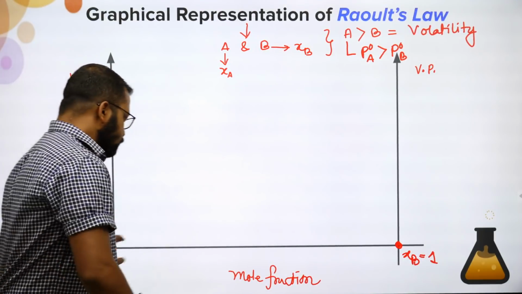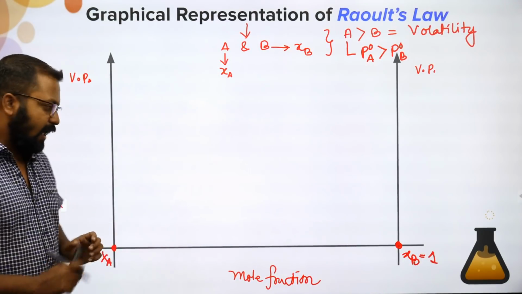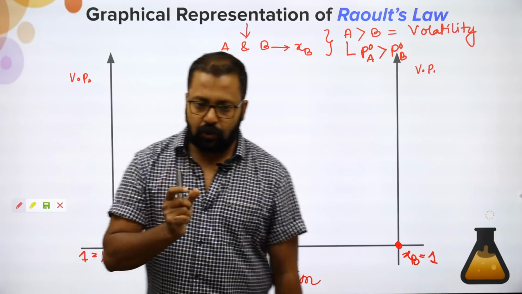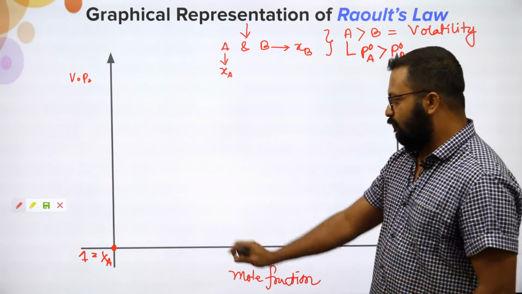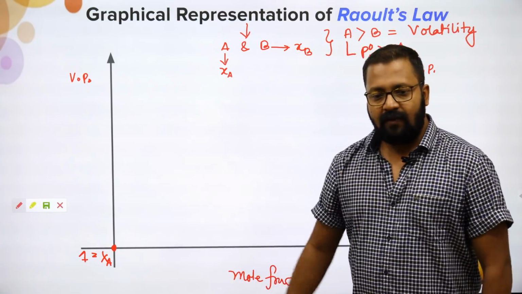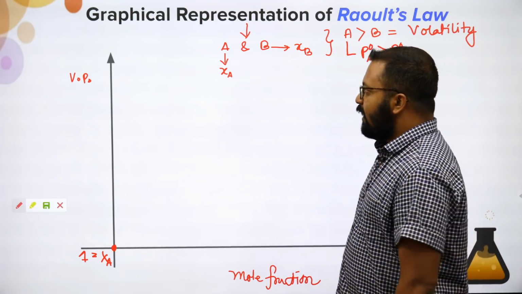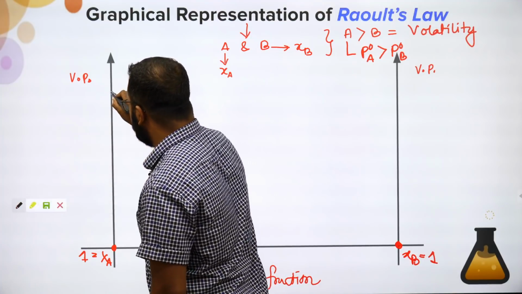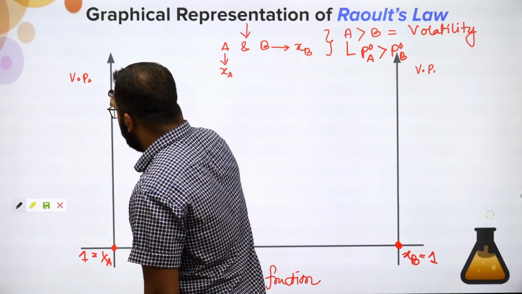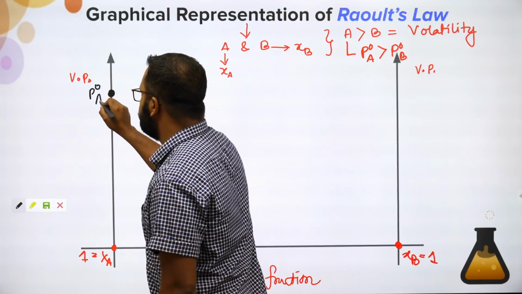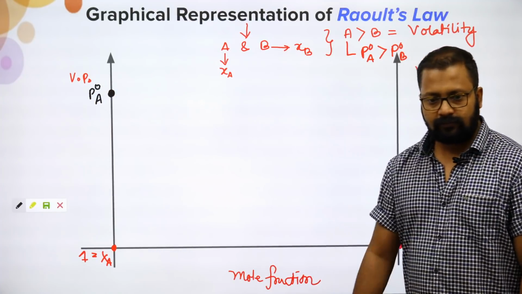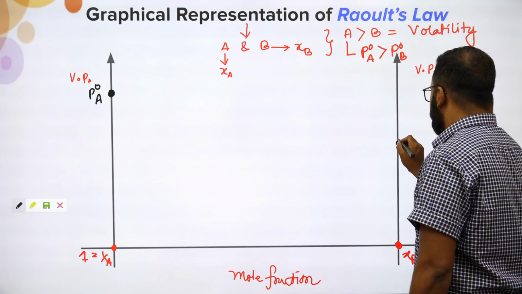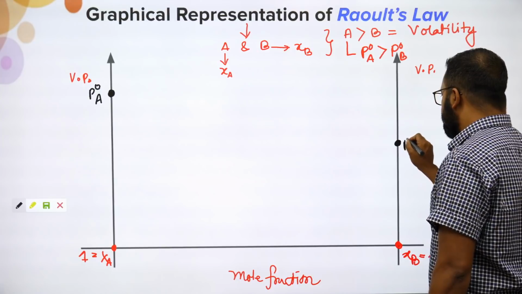I am taking two ends, and this end, this origin, represents a situation where there is pure A. If I take pure A, then the vapor pressure will be somewhere over here, and this value will be P naught A, isn't it? If I take pure B, then the vapor pressure will be somewhere over here.